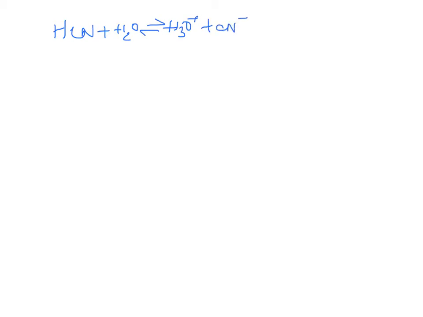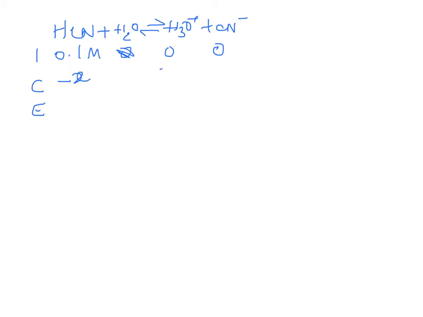We discussed the ICE problems in chapter 14 as well: the initial, change, and equilibrium. My initial concentration for HCN was 0.1 molar. Of course, water is not going to contribute. There won't be any hydronium or cyanide in the beginning of the reaction. And let's say that only X moles essentially participated in the reaction.